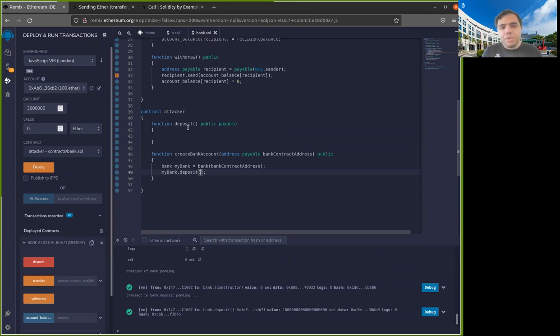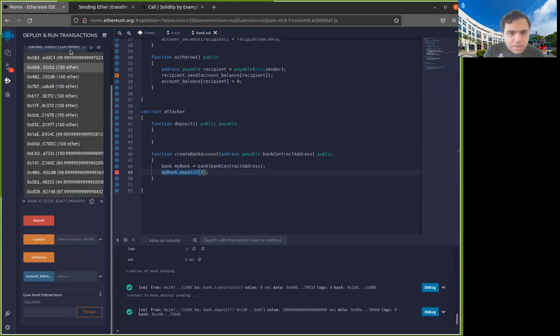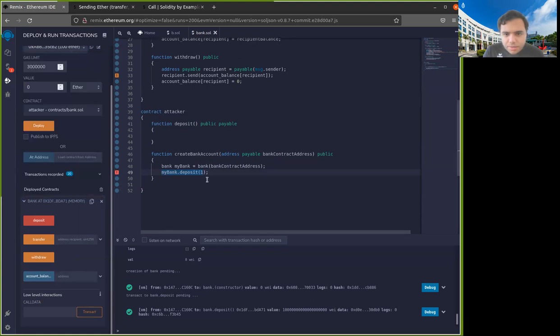Well, I can just look at my own account balance, or I can just have some amount that I deposit, or actually I can even put all of this together. But anyway, let's say I deposit 1 Ether.